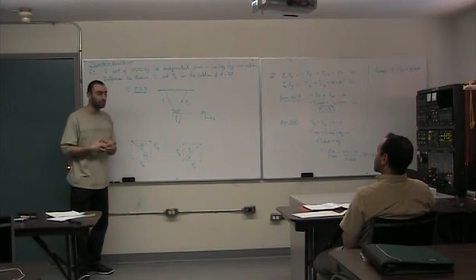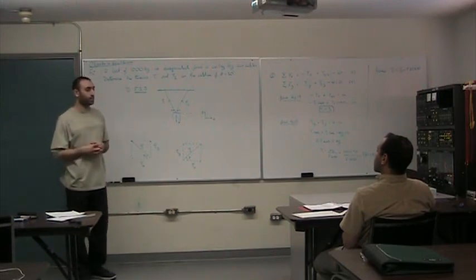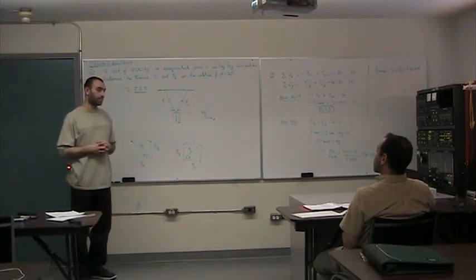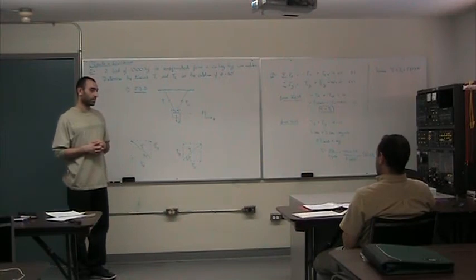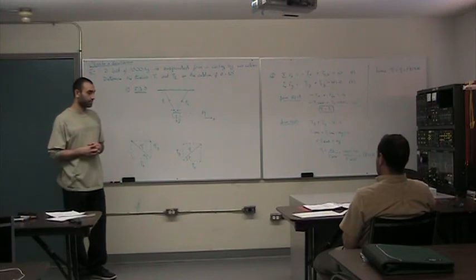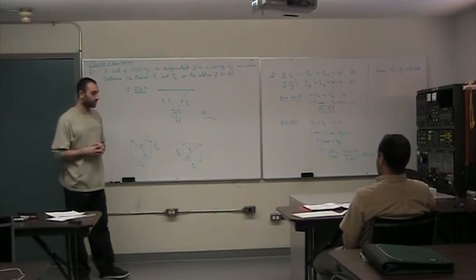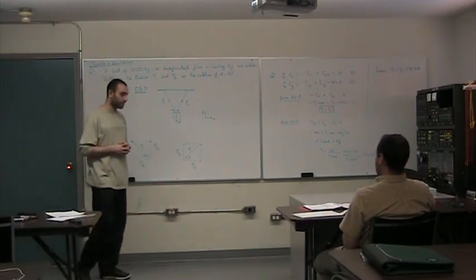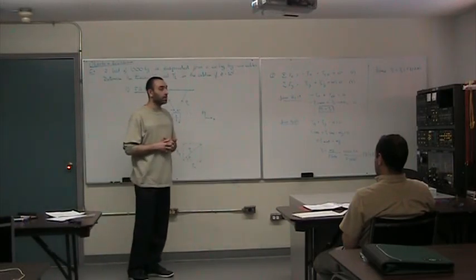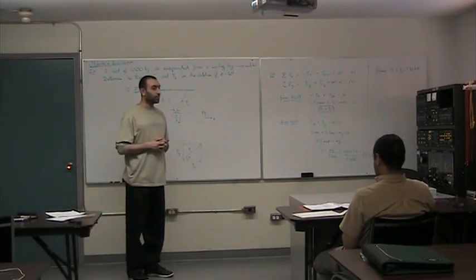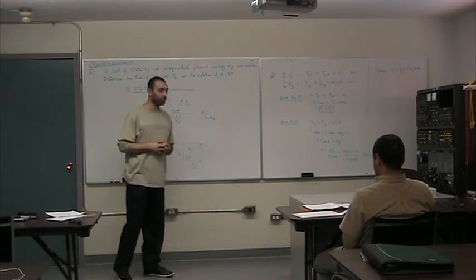Now, can you please tell me what is the second step in solving a problem? By applying the equilibrium equation, summation of the forces in the x direction is equal to 0. Summation of the forces in the y direction is equal to 0. Yes. The second step would be to write down the summation of the forces in the x direction and the summation of the forces in the y direction.